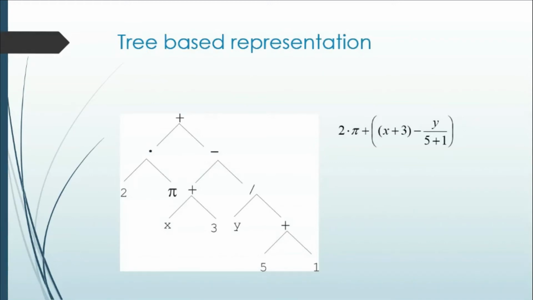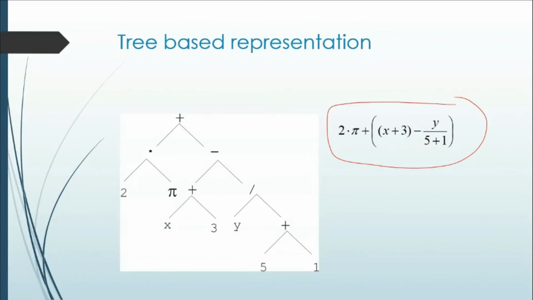One tree-based representation is given here. An expression is given on the right side: 2 times pi plus x plus 3 minus y divided by 5 plus 1. This is a part of a programming code, and we have to represent this particular expression. It is represented as a tree here.